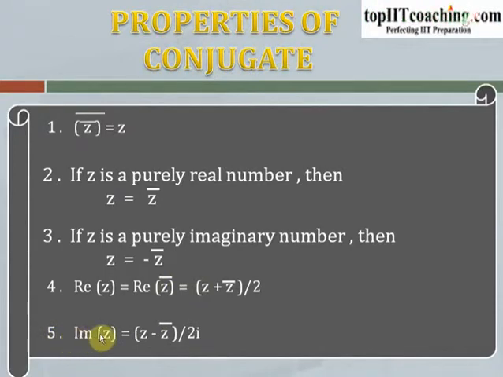Similarly, the imaginary part of z is equal to z minus z conjugate divided by 2i. So the imaginary part of any complex number could be written in terms of z and z conjugate as z minus z conjugate divided by 2i. So the real part of z is equal to z plus z conjugate by 2, and the imaginary part of z is equal to z minus z conjugate divided by 2i.